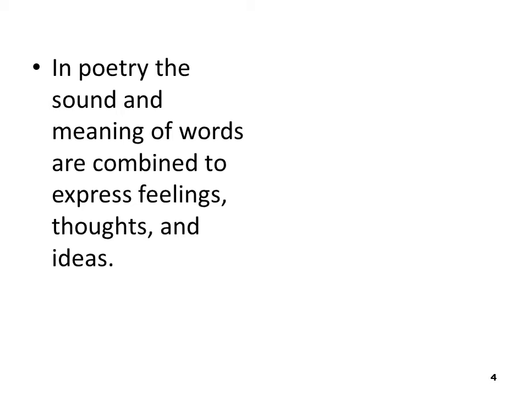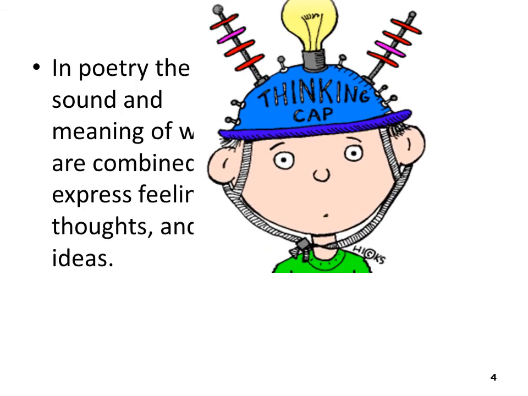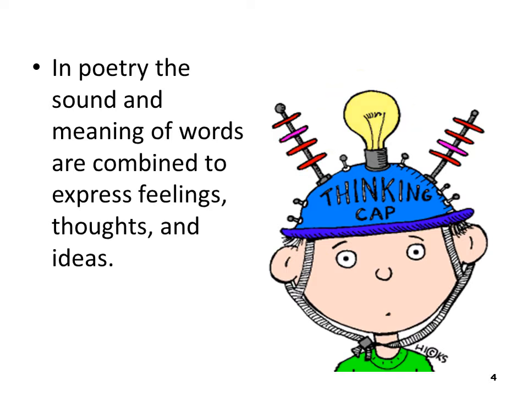If we know the literary techniques well, if we identify them in an accurate way, if we have a clear idea about each literary technique, it helps us to understand what the poet is expressing to us. So now you can see a picture of a boy who is wearing a thinking cap. Why did I use this picture?